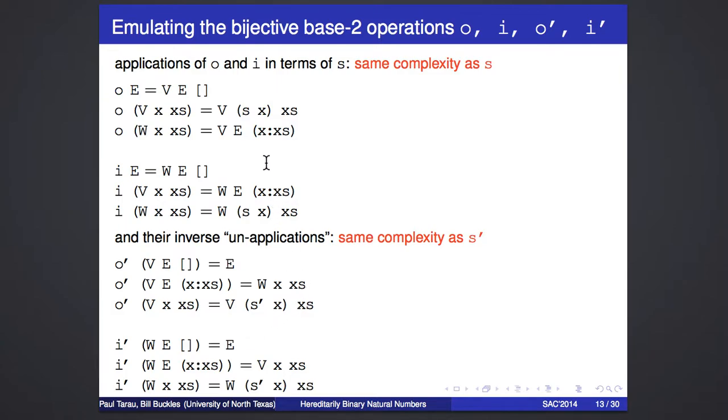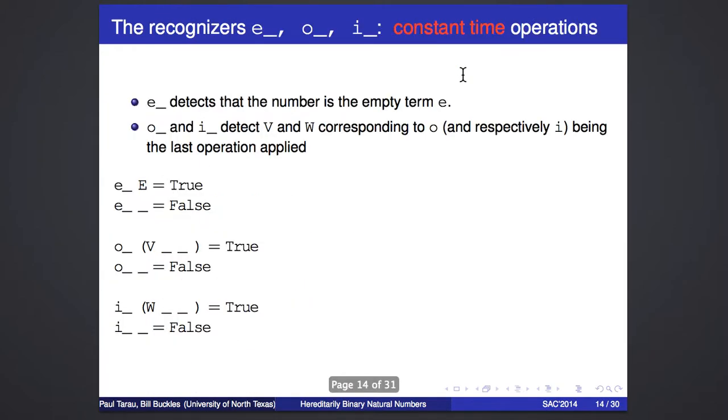So their complexity is the same as S and S prime, and those operations compute 2x plus 1 and 2x plus 2, so they are providing doubling, so multiplication operation, and they're still in either constant average time or log star worst case complexity. The recognizers are constant time.